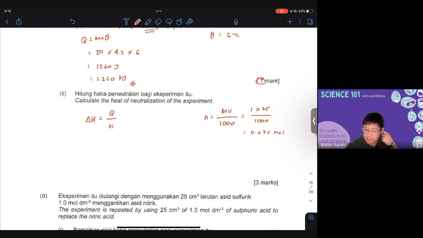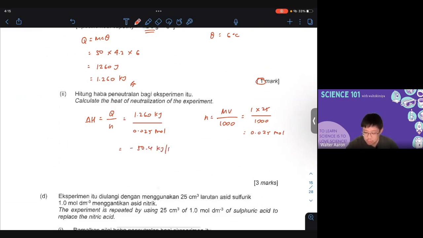Okay, and after that, what you do is you just take the Q just now in kilojoules and divide it by 0.025 mole. Then your final answer should be negative 50.4 kilojoules per mole. Don't forget the minus here because the minus actually shows that it is an exothermic reaction.